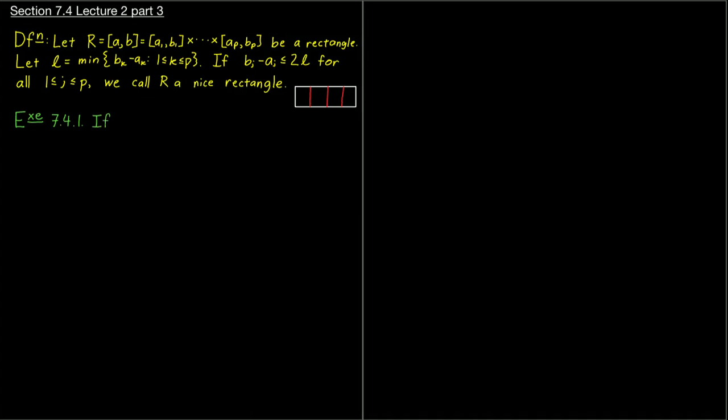that if X is a set and P is a rectangular cover of X, then there is a refinement of P, another rectangular cover that you get by slicing all the rectangles of P up like this, containing only nice rectangles.